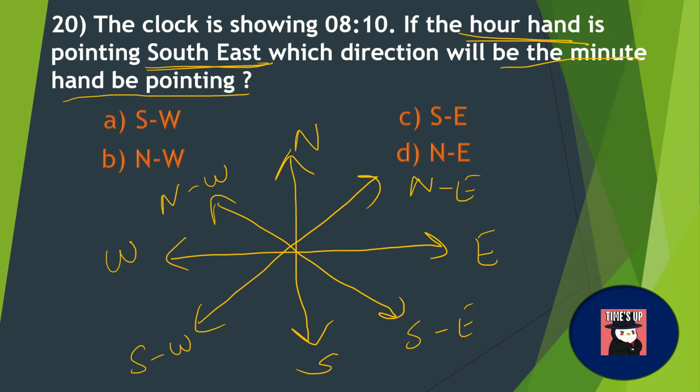Same thing, but the minute hand is asked here. That's right, correct? So here 8:10. This is 9, this is 8, and this is 12, 1, 2. Correct? So 8:10 means our hour hand will be at 8, and the minute hand will be at 2.